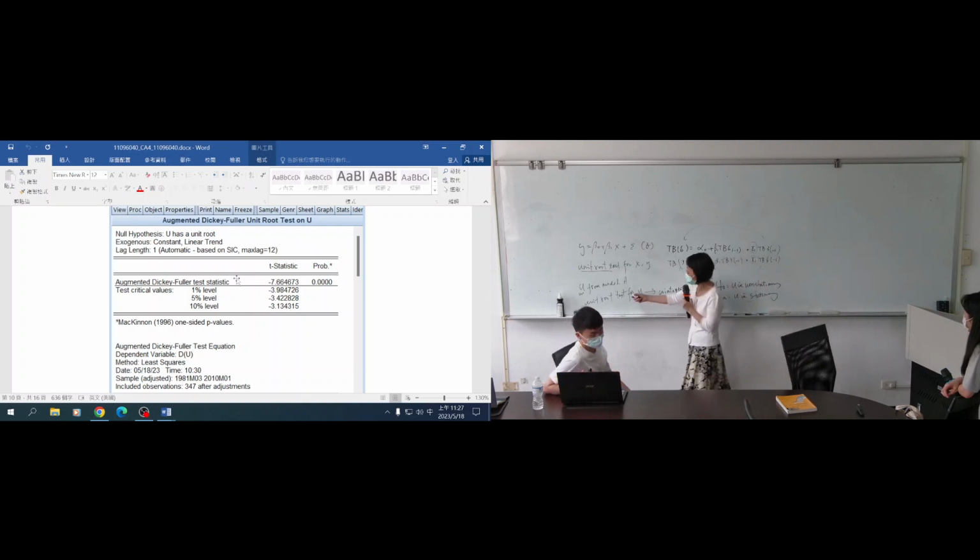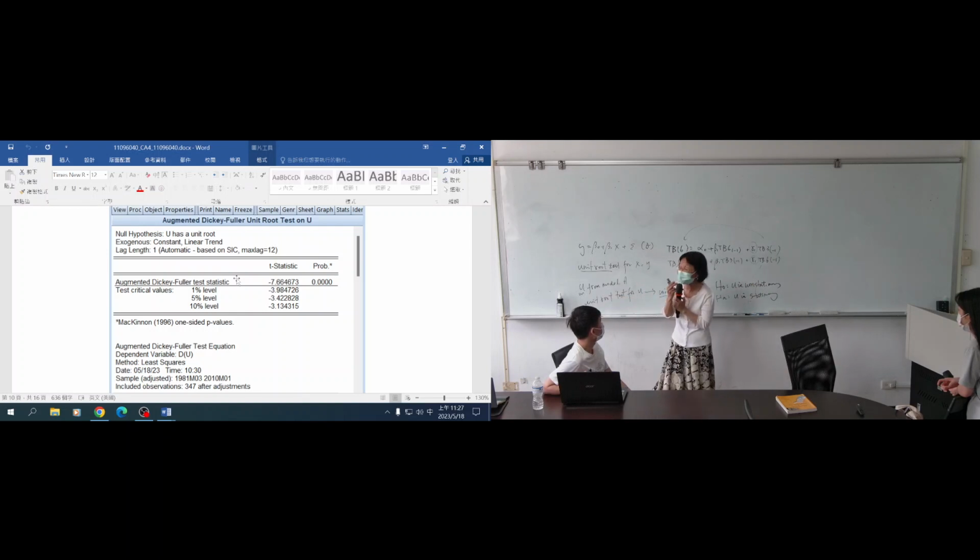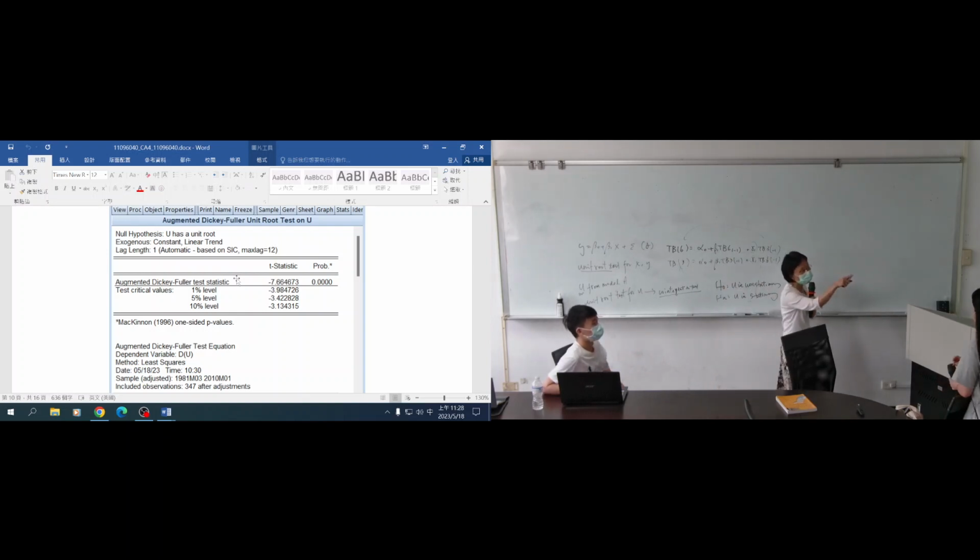The residual also uses the unit-root test, but the whole process is called the co-integration test, since this U is not from the individual X or Y variables, but from the residual of the regression. So this model A is not spurious.